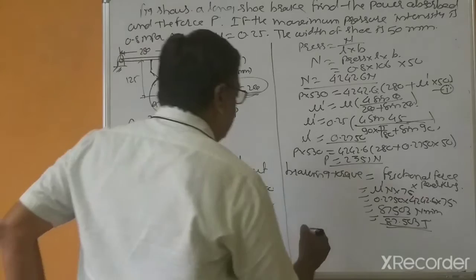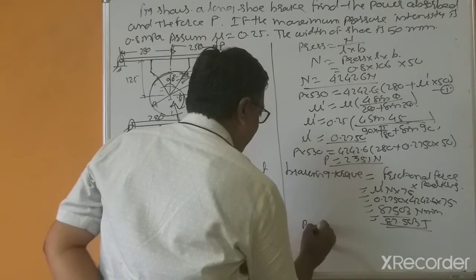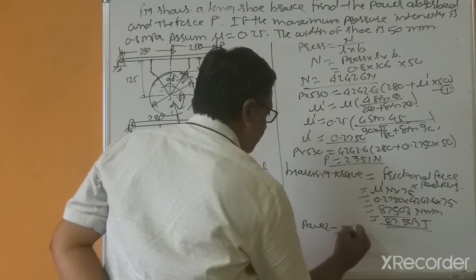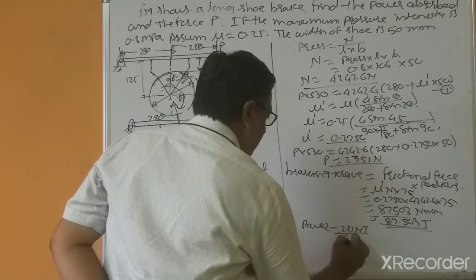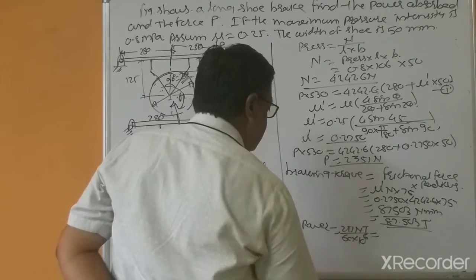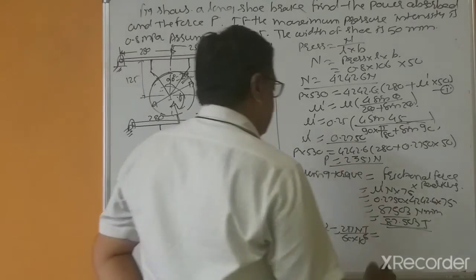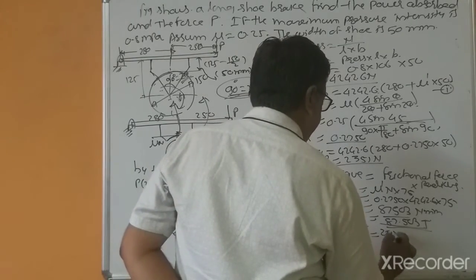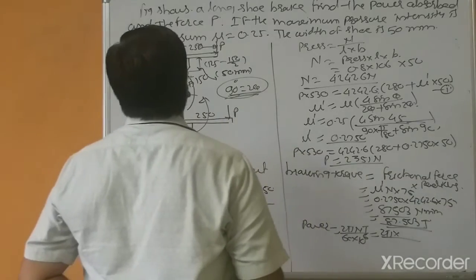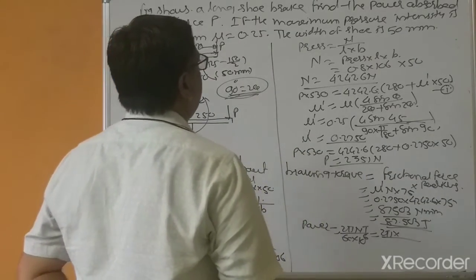Now power equals 2 pi NT divided by 60 into 10 to the power 6. This is the formula. So 2 pi, RPM, we require RPM.